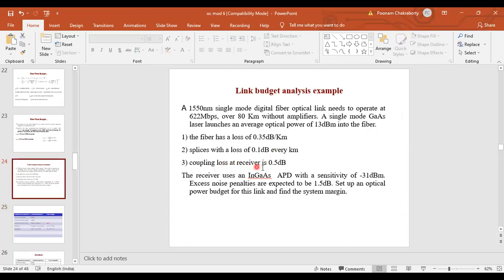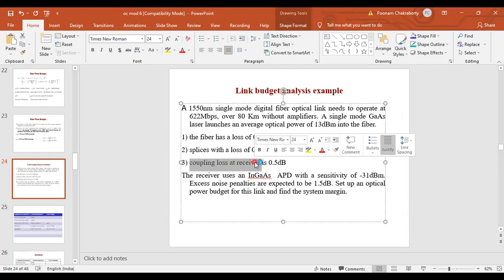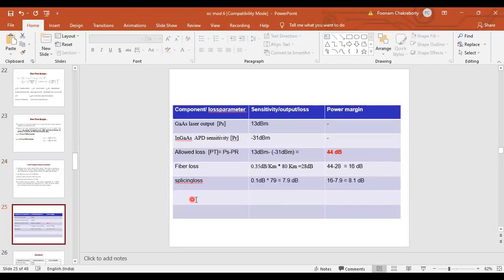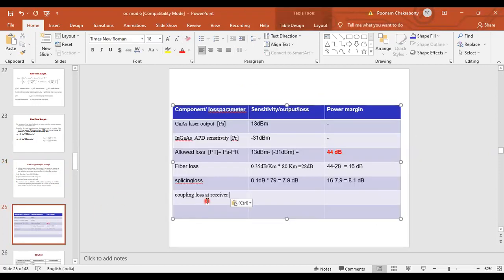I have the coupling loss at the receiver. So I just pick up coupling loss at the receiver. So coupling loss at the receiver, again, and see here students, many times they do a mistake. They will try to subtract a receiver mein coupling loss hoga, to you cannot argue with the question.